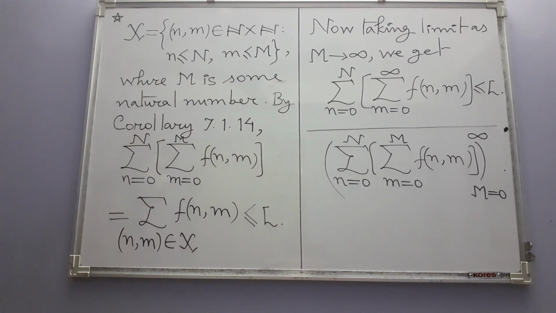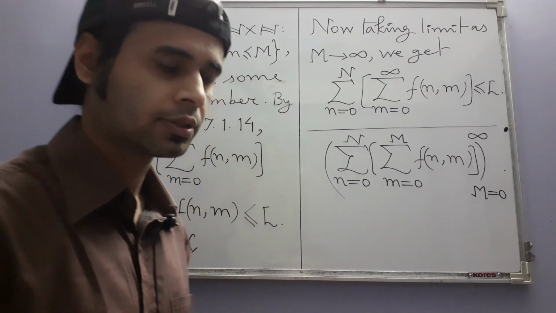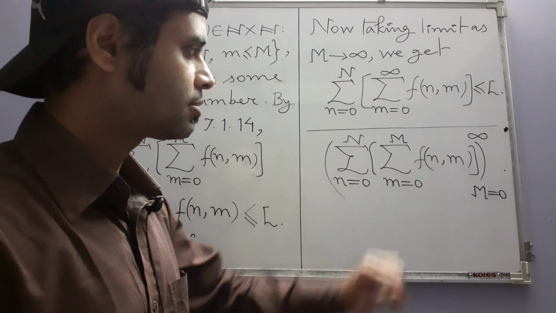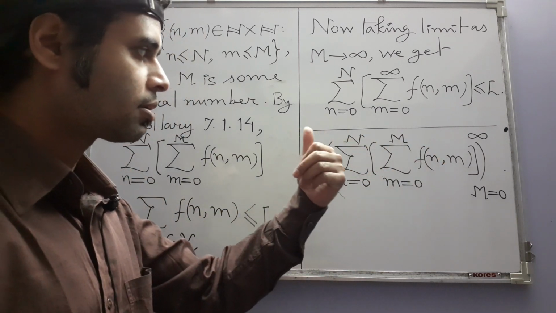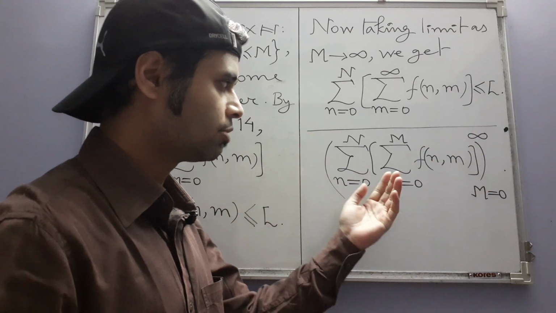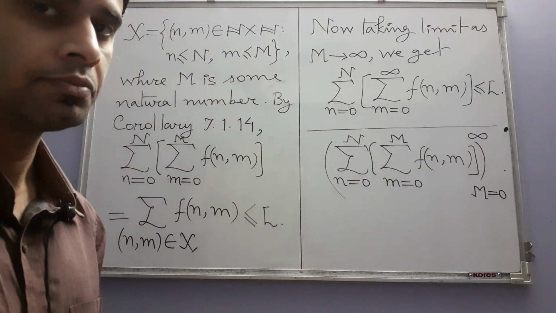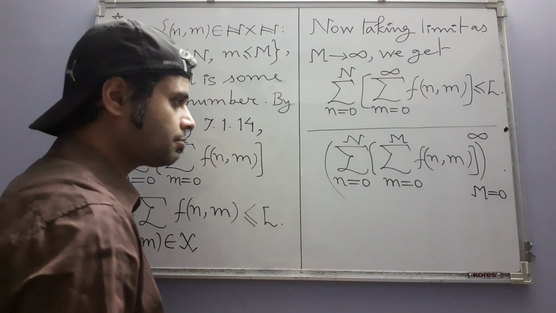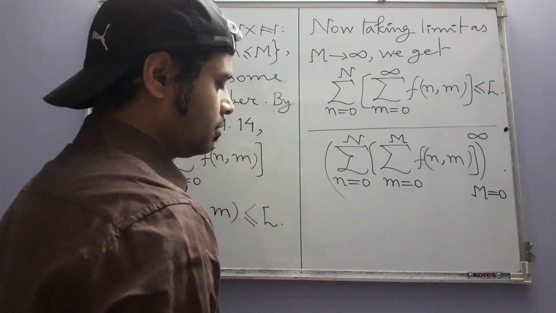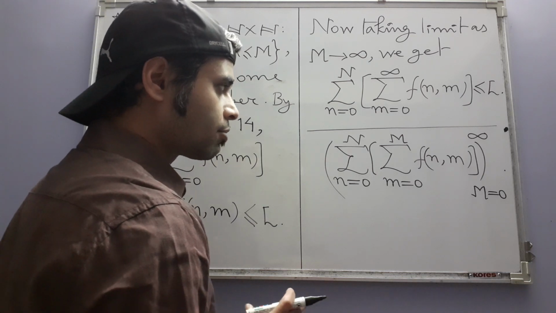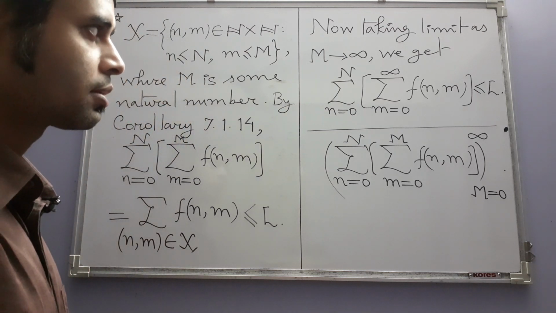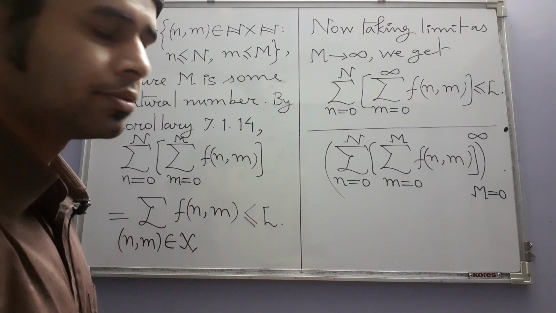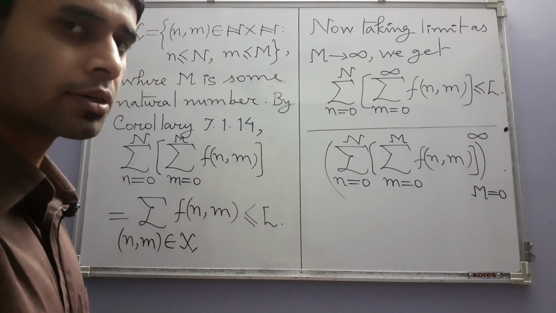You consider this infinite sequence where M is changing. N is any natural number. For any natural number N, we can consider this sequence by varying M. We can do that. Is this a convergent sequence? That is a question, because otherwise how can we take the limit? It is a convergent sequence. Why?